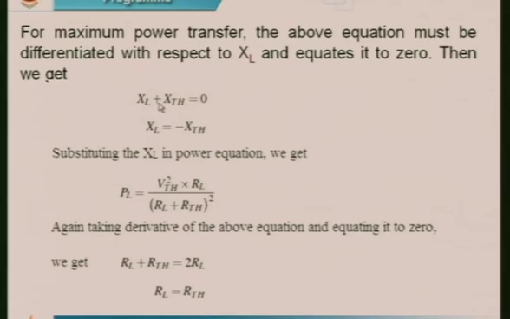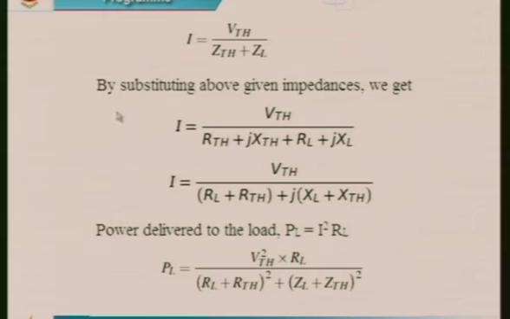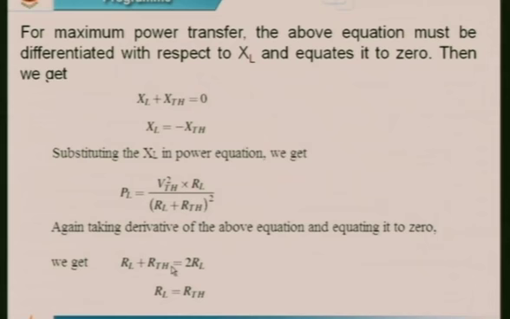Doing dou PL by dou XL, you get XL plus X Thevenin equal to 0, or XL equal to minus X Thevenin. Substitute XL equal to minus X Thevenin in the expression, and you get PL.